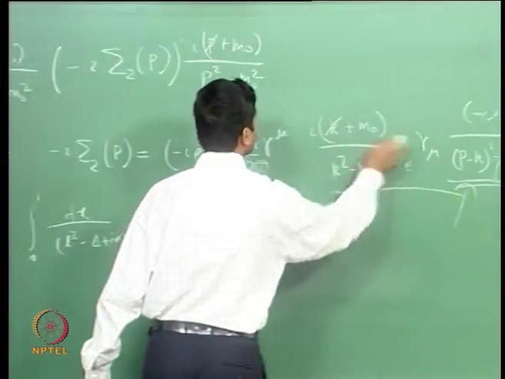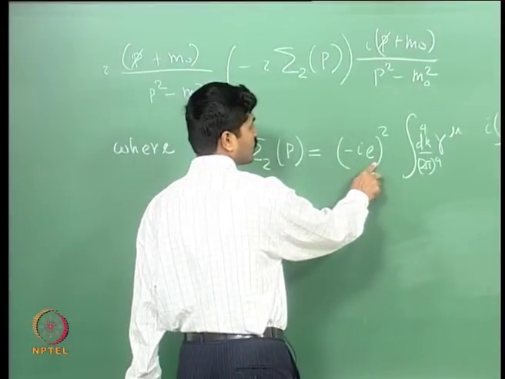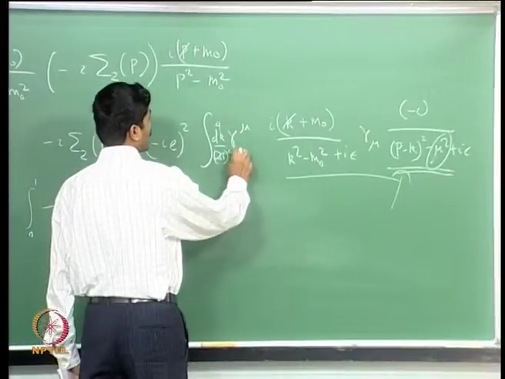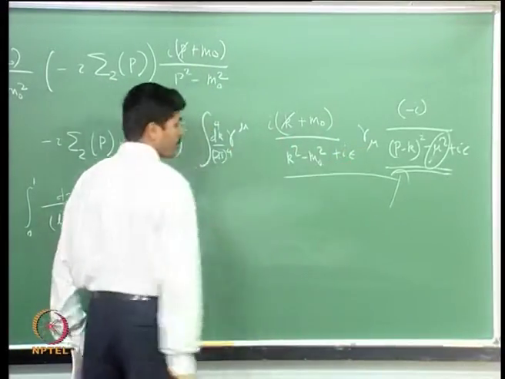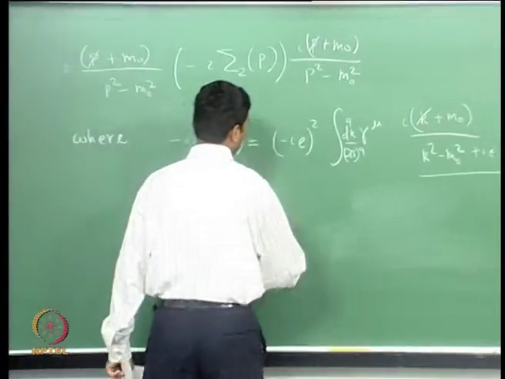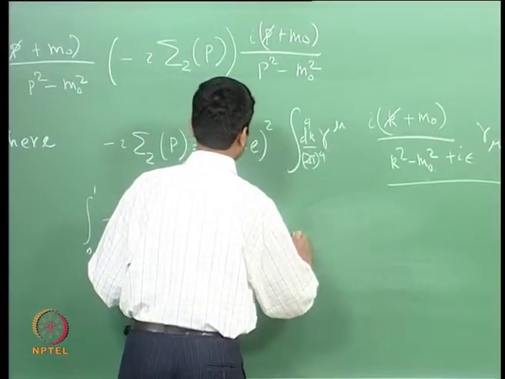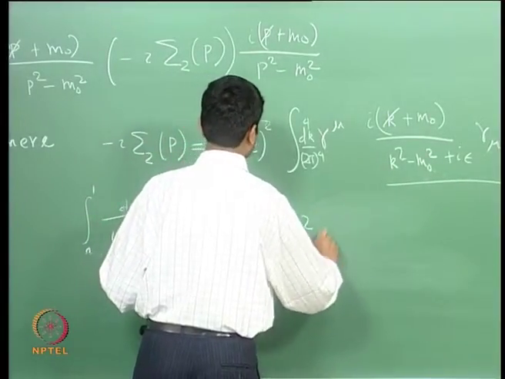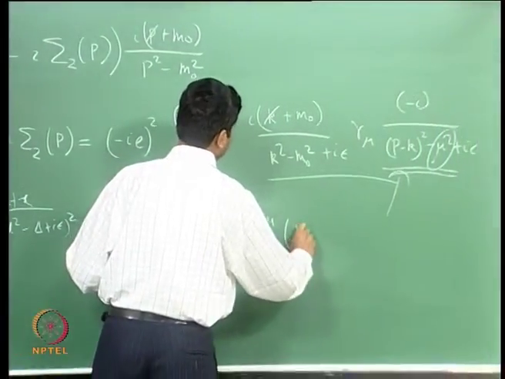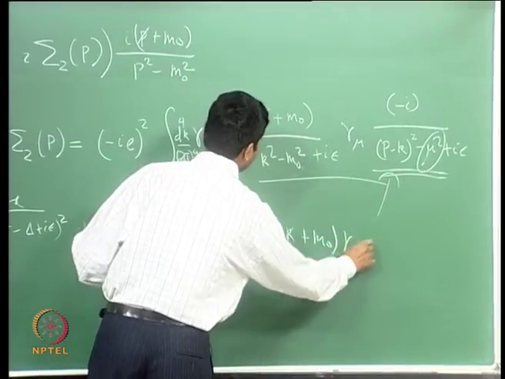What about the numerator? The numerator is given by this. So, there is a minus i e square and there is an i here, and what we are left with is gamma mu k slash plus m 0 gamma mu. So, the numerator is given by minus i e square minus i here, gamma mu k slash plus m 0 gamma mu.